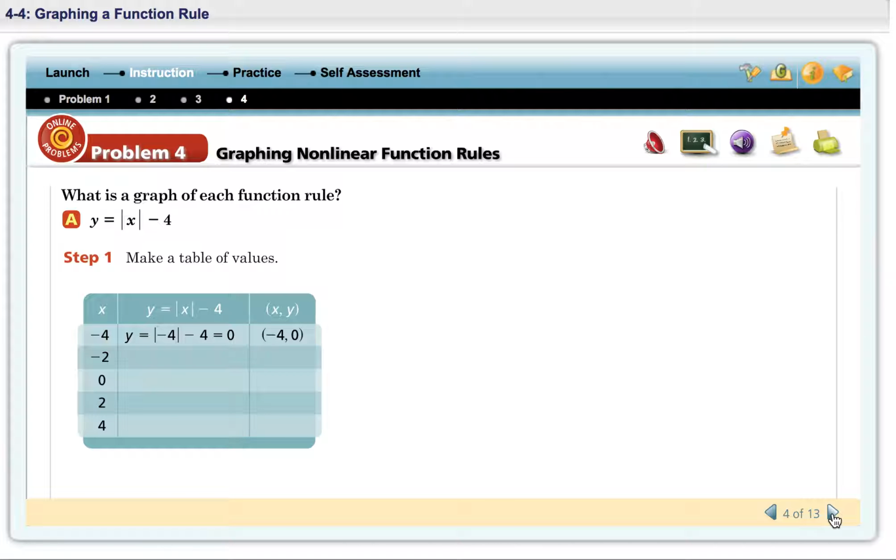When x is negative 4, y equals 0. That gives you the ordered pair negative 4, 0. When x is negative 2, y equals negative 2.